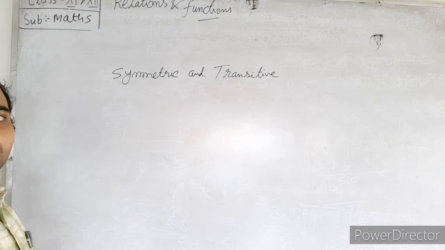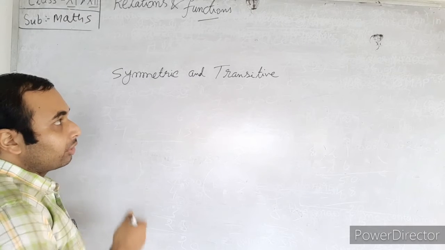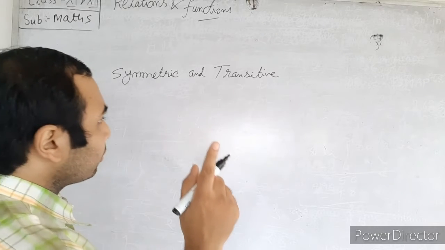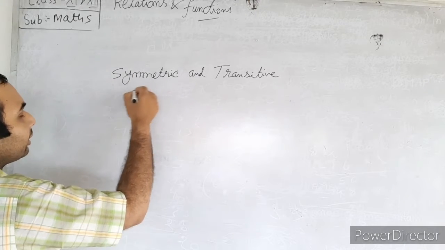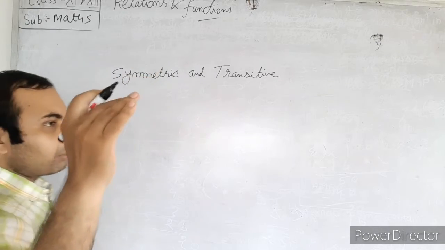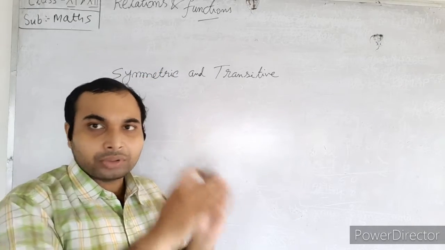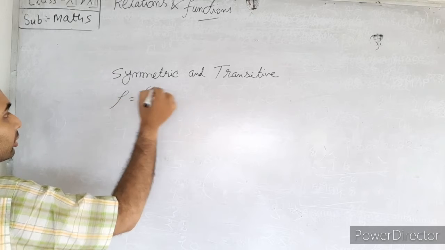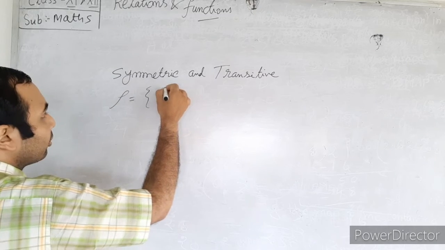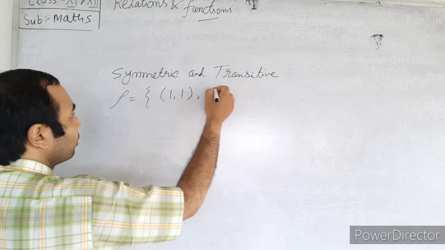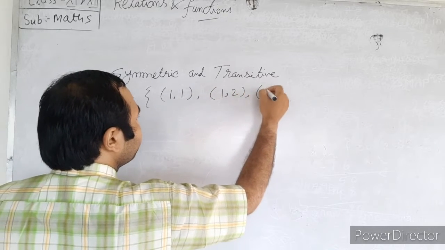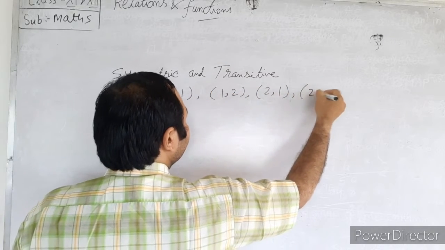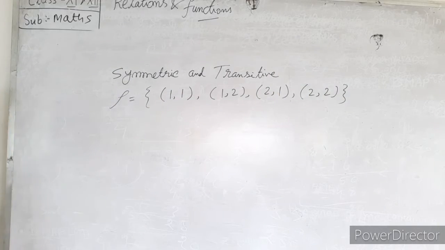Whatever the set or things are, just for your knowledge, I am defining one relation, rho equals {(1,1), (1,2), (2,1), (2,2)}. I am defining this relation.